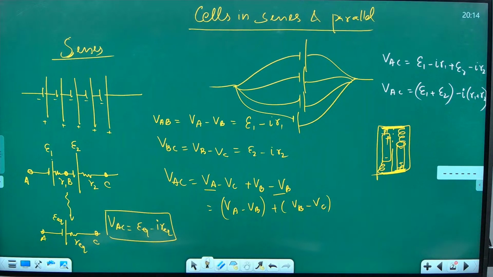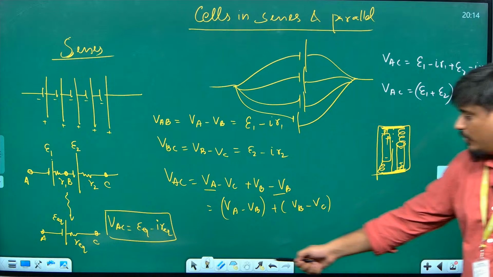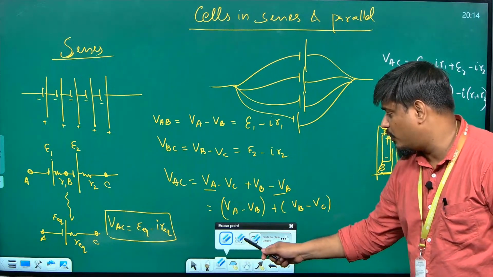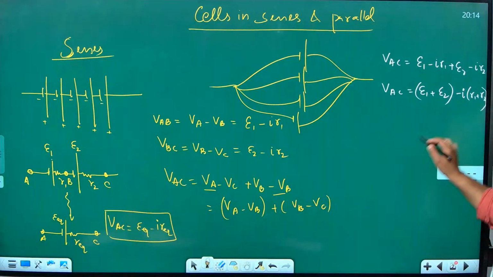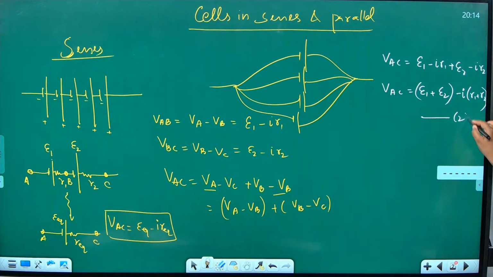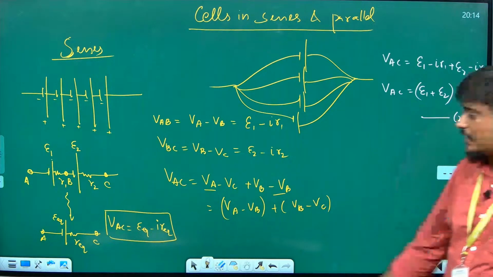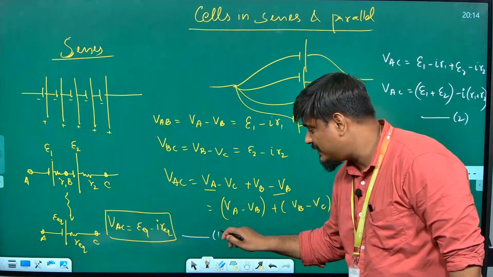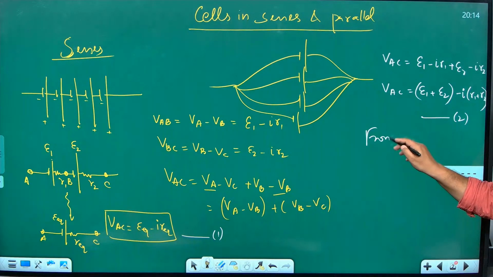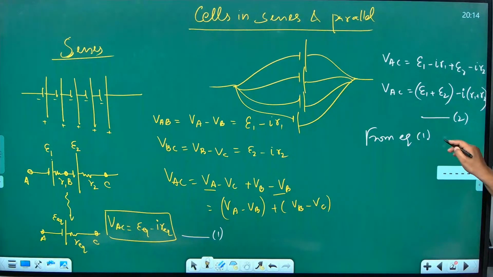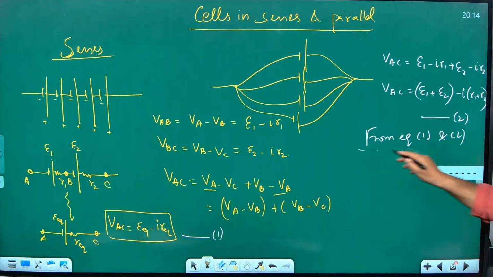I hope online people are able to see my board till the last. So I get the value of VAC as E1 plus E2 minus I into R1 plus R2, and VAC is also equal to E equivalent minus I into R equivalent. Now tell me, from equations 1 and 2, what do you get?